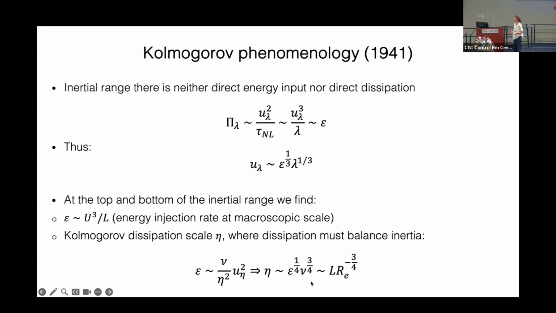So this scale here per se is not going to dissipate directly, but scales need to become smaller and smaller until they can be dissipated. Perhaps it's not the best way to describe this. Direct in the sense of local at that scale, local in Fourier space.